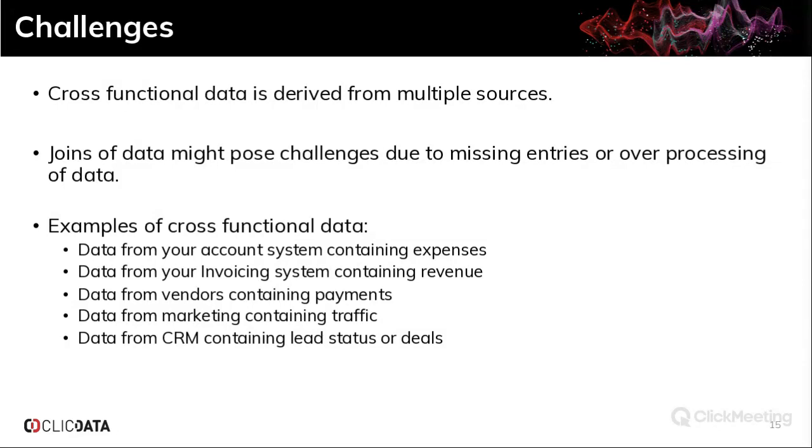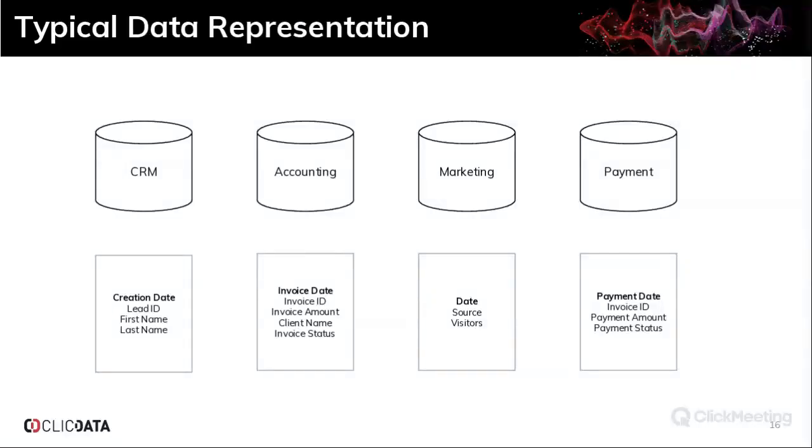These are some of the cross-functional data examples that you will end up facing. And if you're trying to set up a data model for such examples, do remember that creating a union might be the best way to go for this particular setup. It will make it easy for reporting.